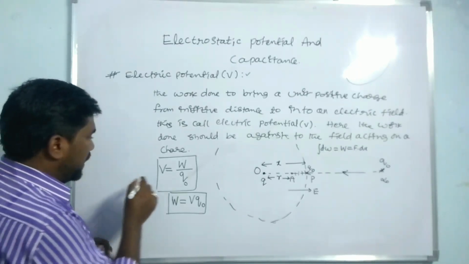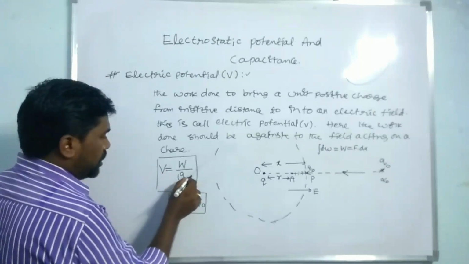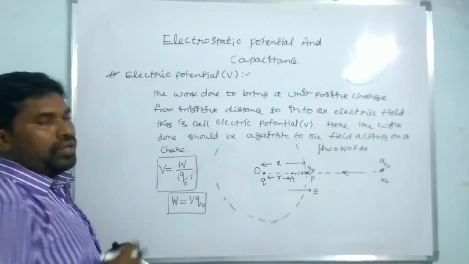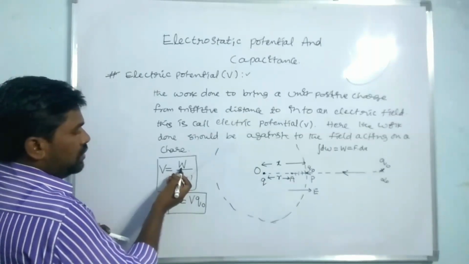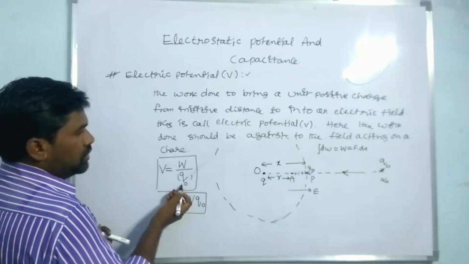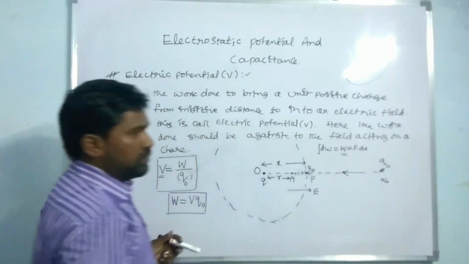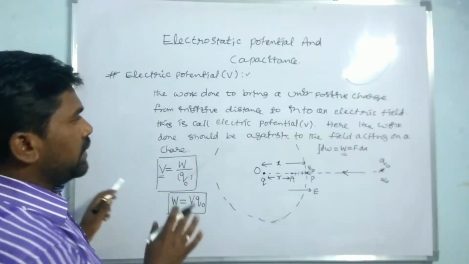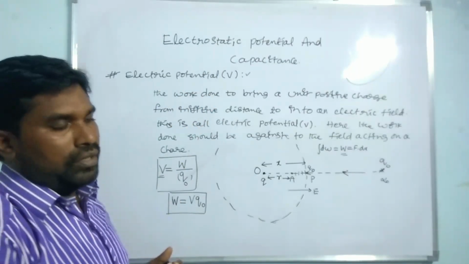So we need to find the electric potential. It is W by Q naught, the work done per unit positive charge. We find the unit work done, divide by the charge, and we get the electric potential. Hence we have to find the work done. Clear? This is the electric potential.